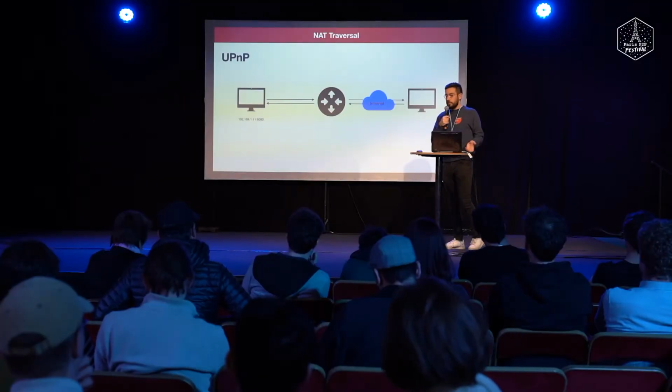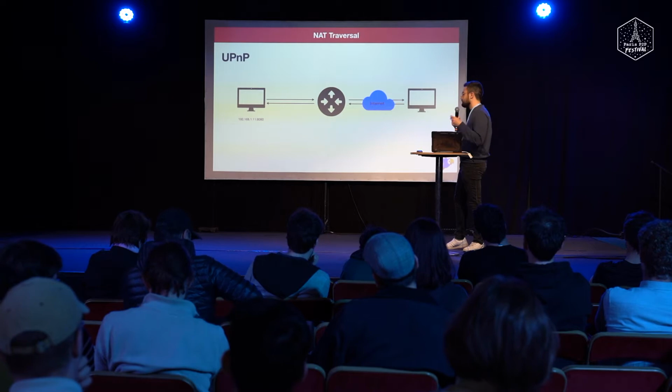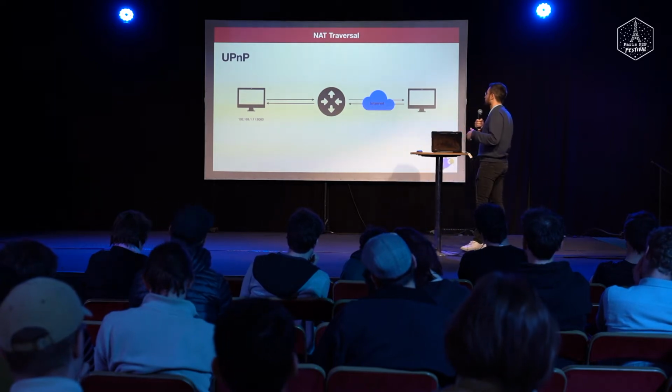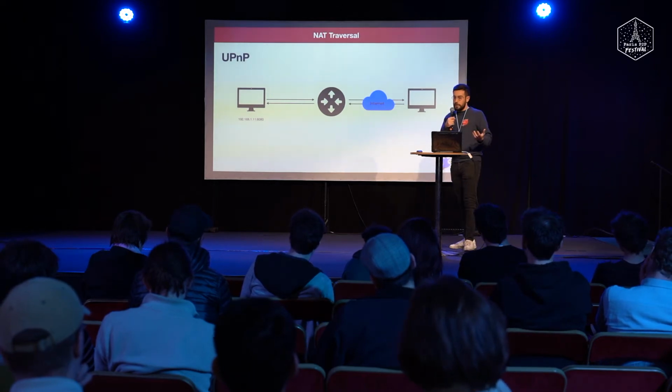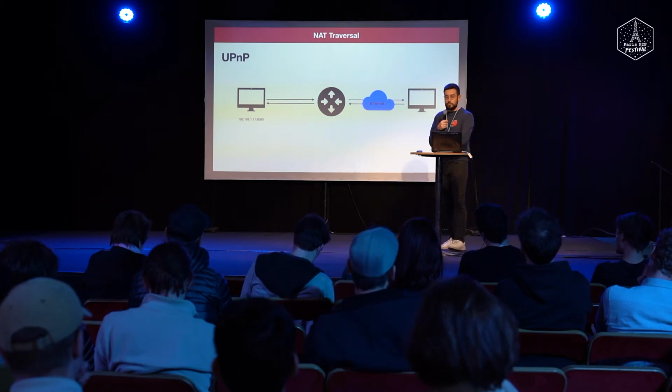So the first one is Universal Plug and Play. Basically, the thing with Universal Plug and Play is to open a port on your router to forward every packet from the outside to your local computer.